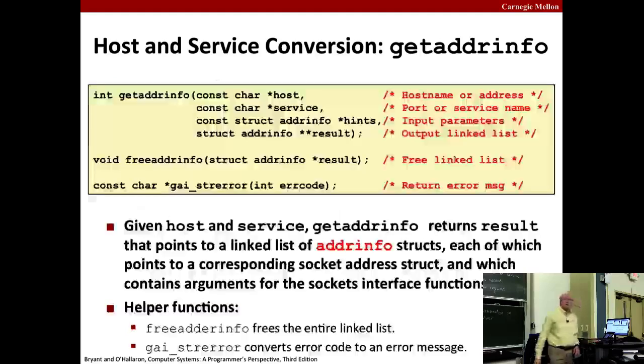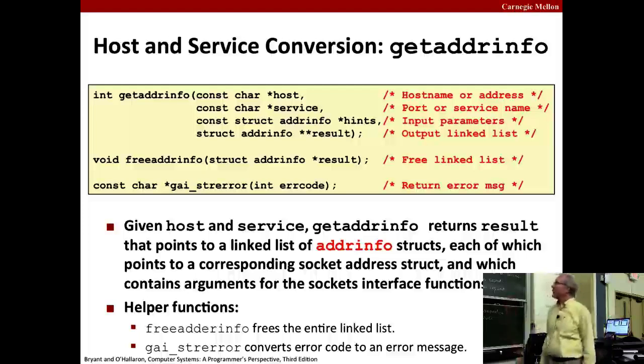So in particular, there's this function called getAddrInfo, where the information you're passing is a host, which is a string, as it shows. Most of these are char stars, actual real strings, not fake strings. Back in the old days, you used char star as a generic pointer because there weren't void stars.